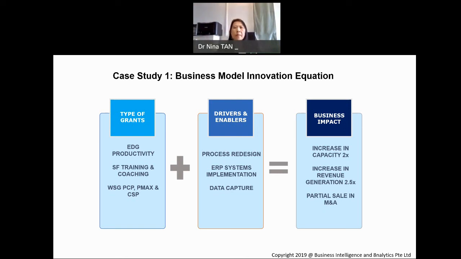And I'm very happy to say that we positioned and packaged them as a result to be ready for an M&A. So there was a partial sale in this case because the person coming in wanted them to stay around and man the show. So that was the second case study.